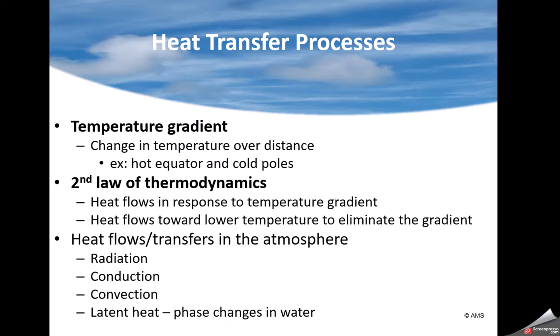One of the things we talk about here too is that the change in temperature over distance is a temperature gradient. If you're dealing with a temperature gradient, you want to look at how close together the temperatures are, how fast they change. Say you were driving across the state of Ohio, as most of you are from Ohio. Let's start in Cleveland. We'll say the temperature in Cleveland at this time was 70 degrees.